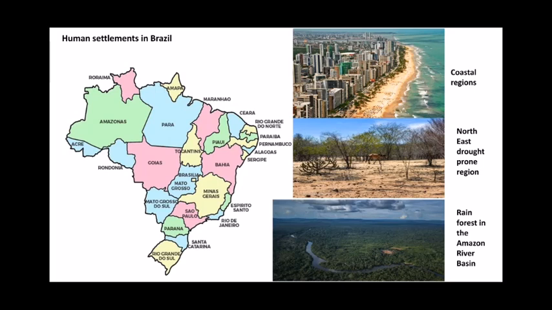The southeastern area has a good transport system. If you look at all these areas, they are not developed at all. It is very inaccessible, whereas this area, the southern coastal region, is very developed. There is good transportation also.